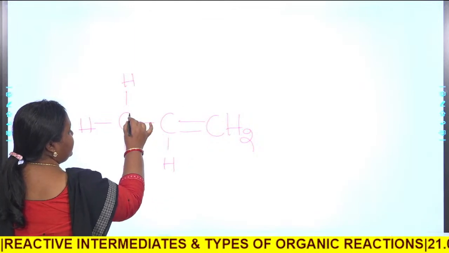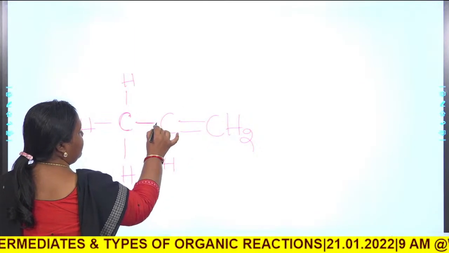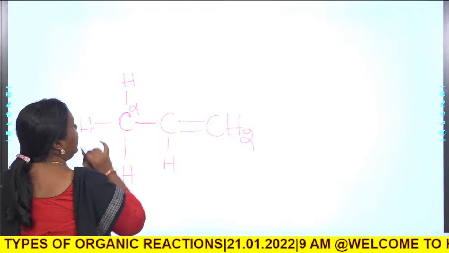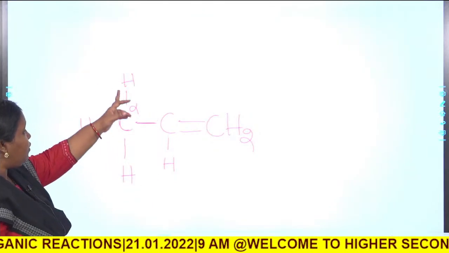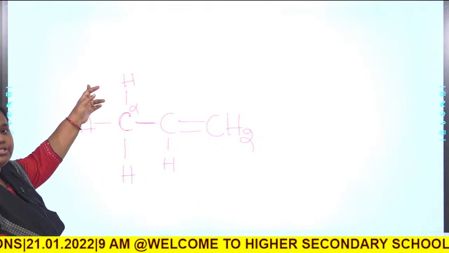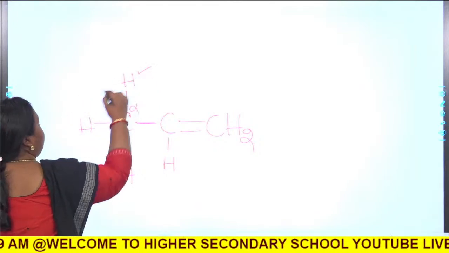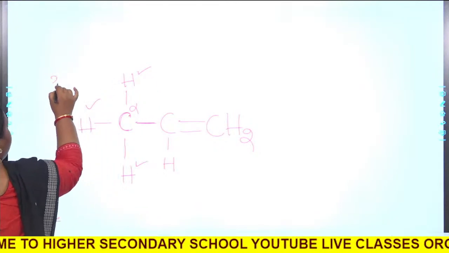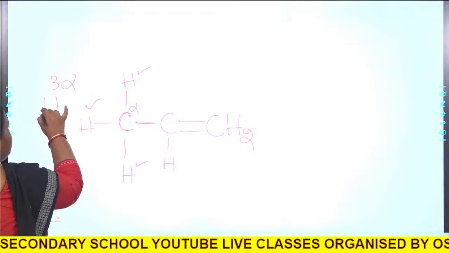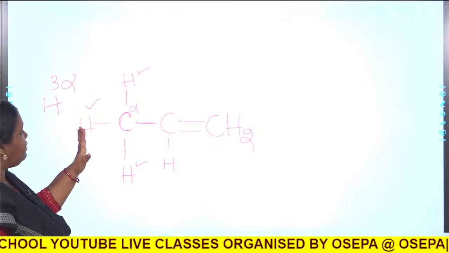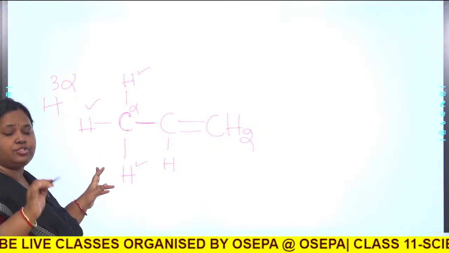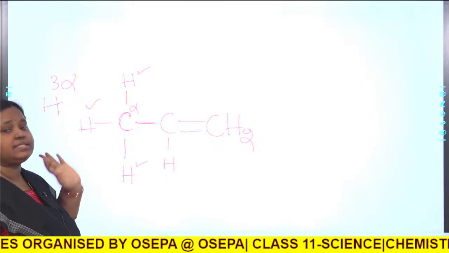The carbon which is attached to a double bonded carbon is called the alpha carbon. So, how many alpha hydrogens are present? 1, 2, 3. Three alpha hydrogens are present. That means you can write 3 hyperconjugating structures for this alkene.